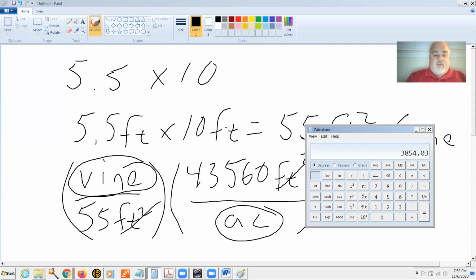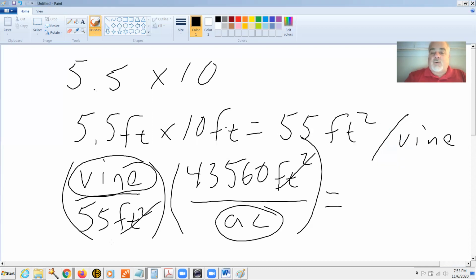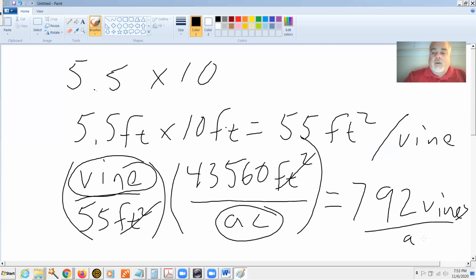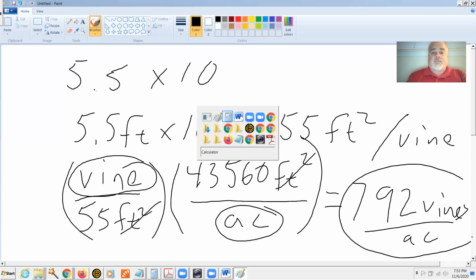So if I have 43,560 square feet divided by 55 square feet per vine, anything in the top I would multiply, anything in the bottom you divide. I have 792 vines per acre. Done. That's how to answer that first question.